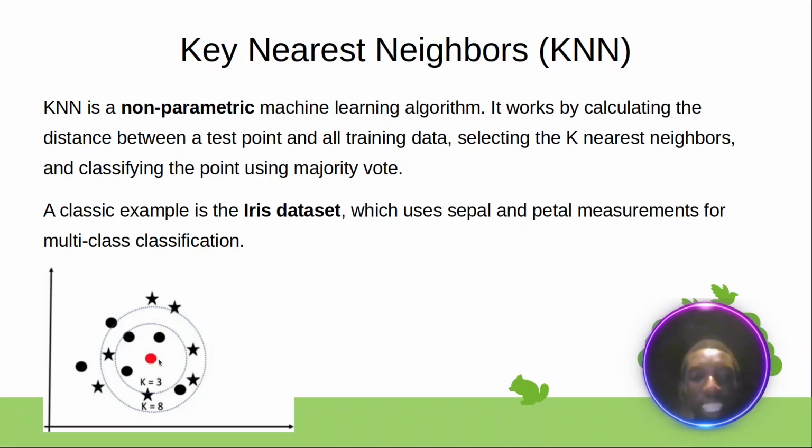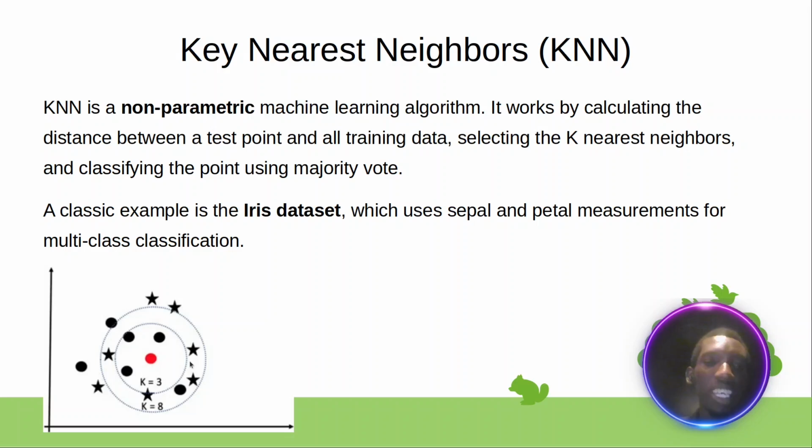Then we calculate its distance to all the nearest neighbors. Let's say we are going to compare it to the first three neighbors. That means we would consider the data points that are plotted here. If this is a data point, we plotted the features and it has a particular target. In this case, it would be, for example, a circle. Then here also a circle, and here a circle.